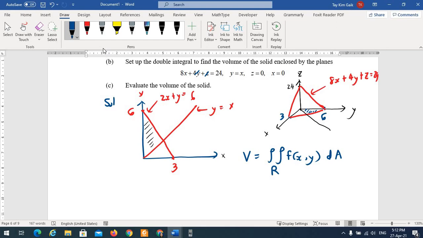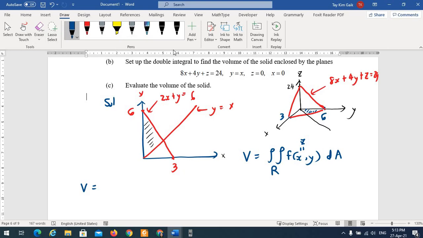The projection is here, and then we evaluate it. We know f(x,y) is z.